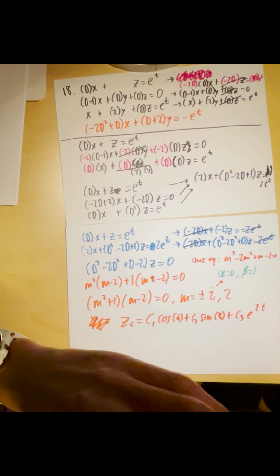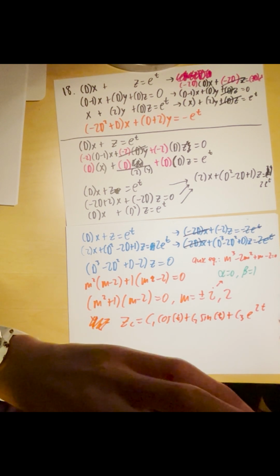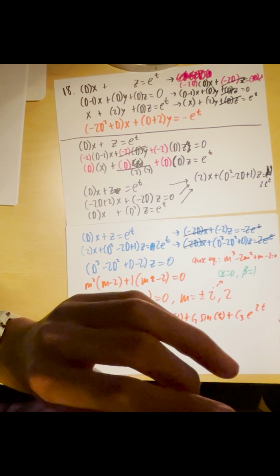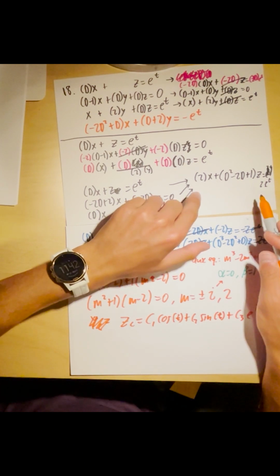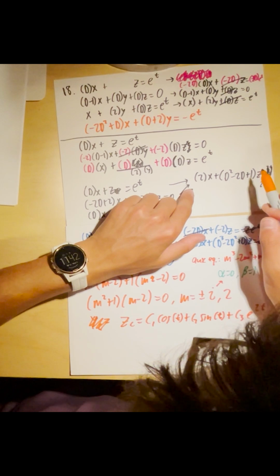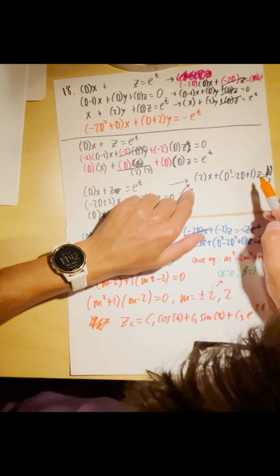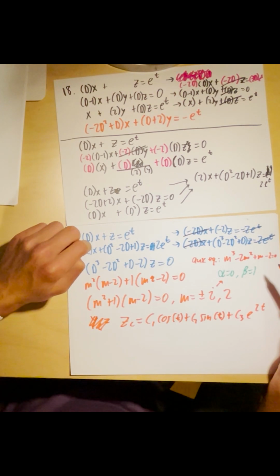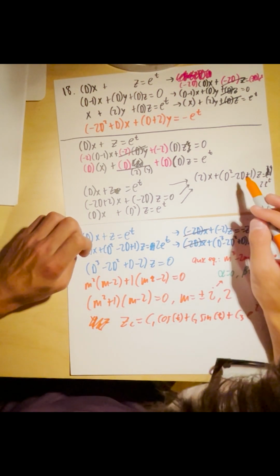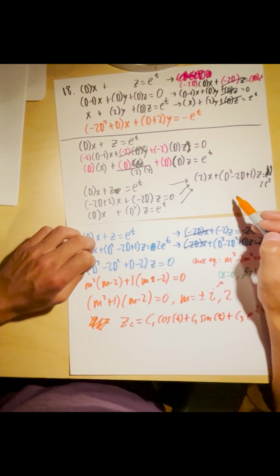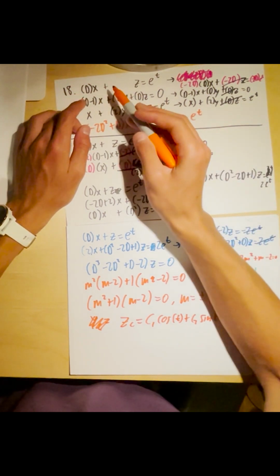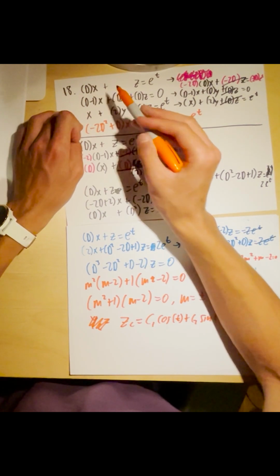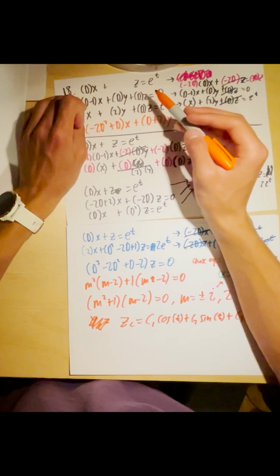Next step, we are going to use this equation that we found with x's and y's, and this equation that only has x's and z's, and we're going to isolate x's in each of them.